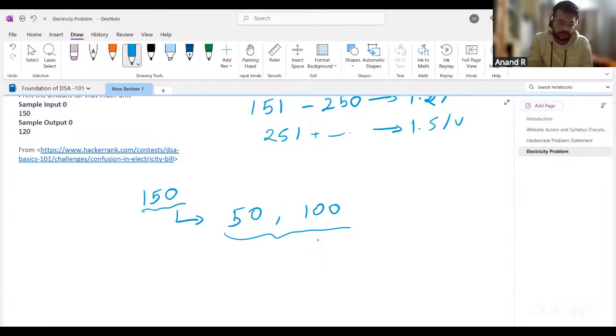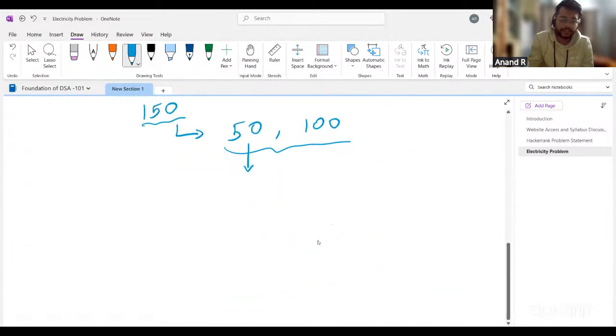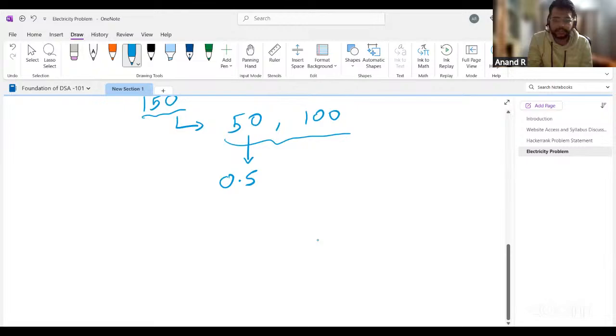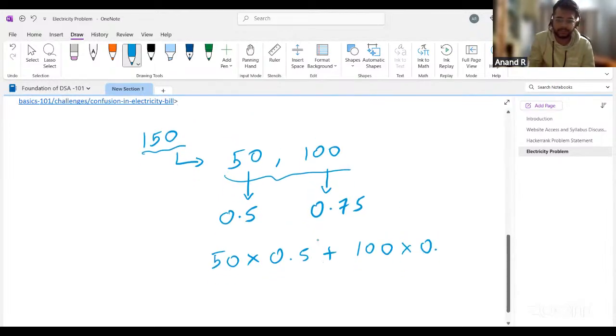Yes. For the first 50 units, can I say that the charge is 0.5? And for the next 100 units, the charge is 0.75. So total electricity bill will be 50 into 0.5 plus 100 into 0.75. If you multiply 50 by 0.5, it will be equal to 25, plus 100 into 0.75 is 75.